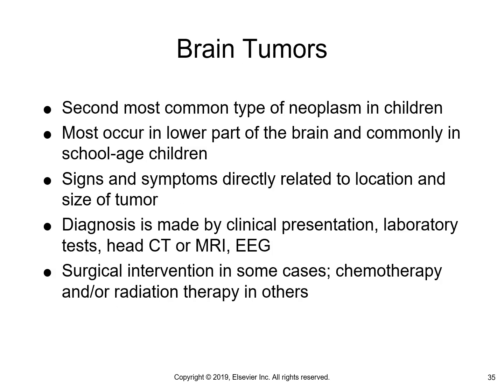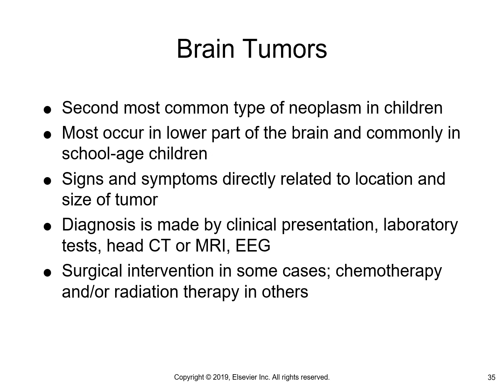Okay, brain tumors. Second most common type of neoplasm in children. Etiology is usually unknown, right? This most often occurs in the lower part of the brain and is common in school-age children. Signs and symptoms are related to the location and size of the tumor.